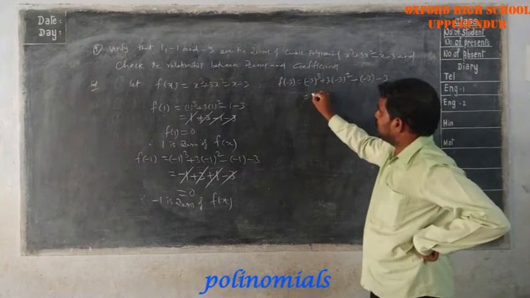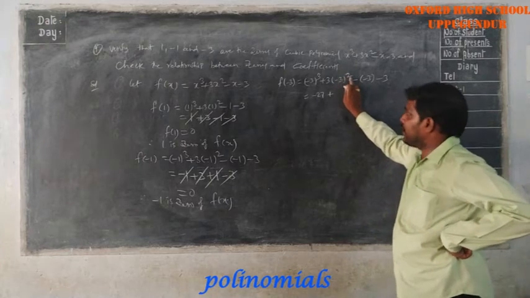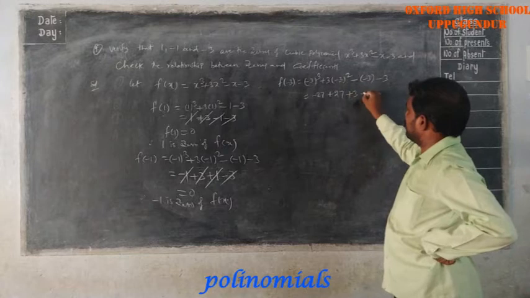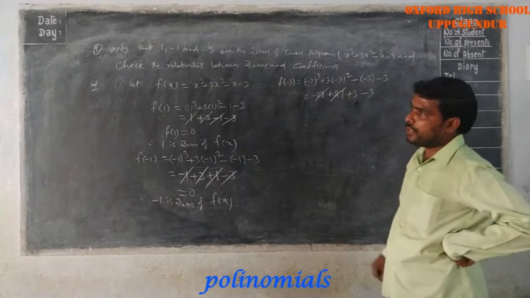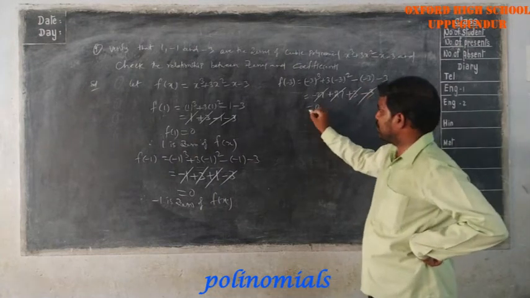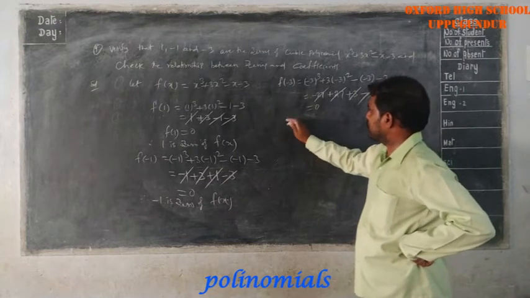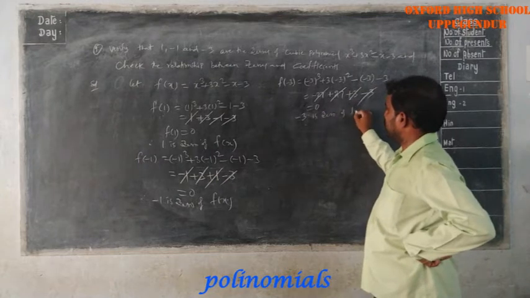Minus 3 whole cube is minus 27, plus minus 3 whole square is 9, 3 nines are 27, minus of minus 3 is plus 3, minus 3. So minus 27 plus 27 cancel. Plus 3 minus 3 cancel. We get 0. Therefore minus 3 is a zero of f of x.